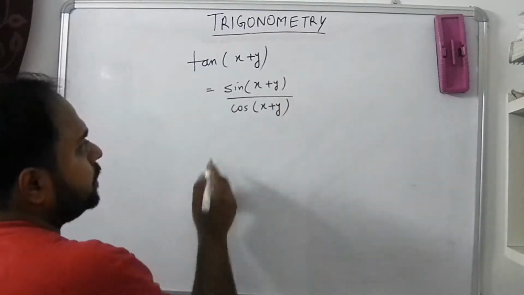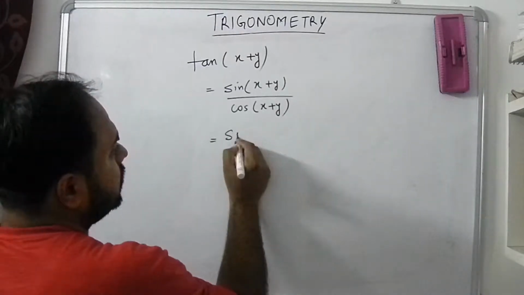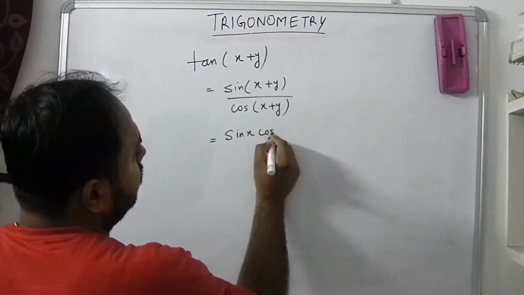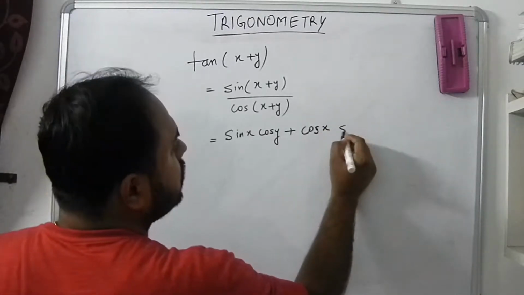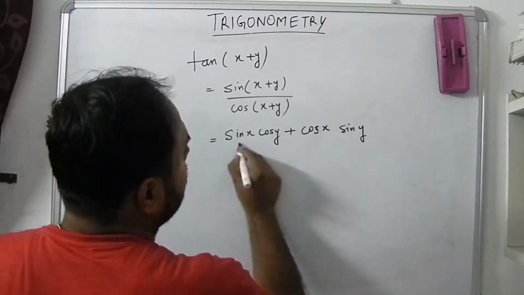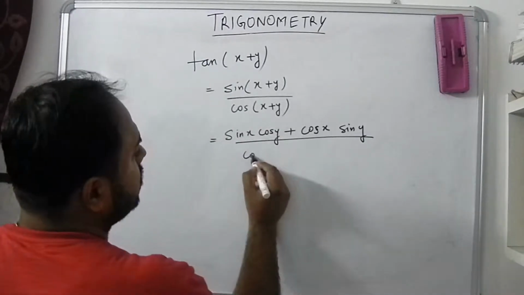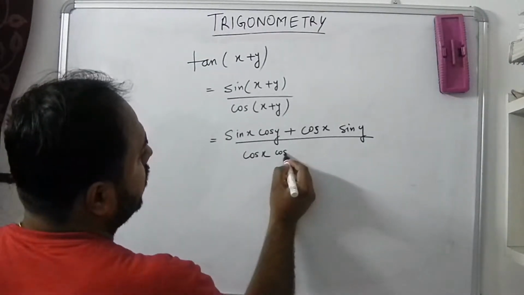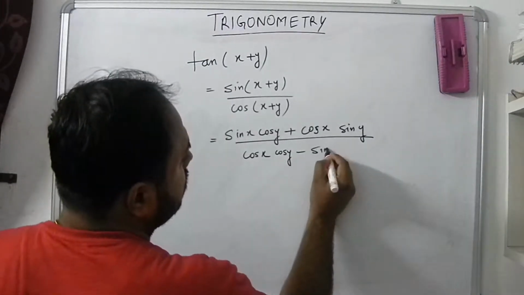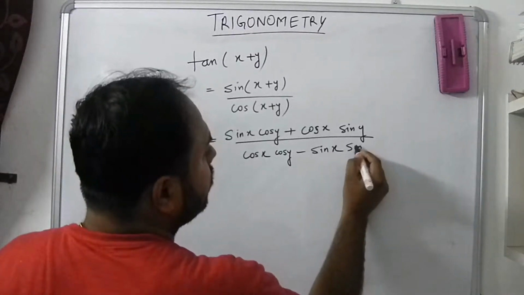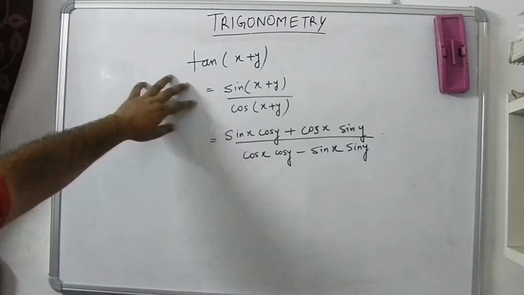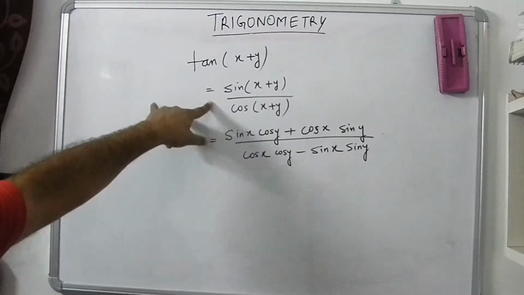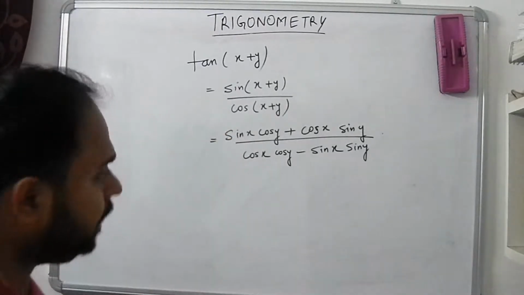Now we have the expansion for sine of x plus y is sin x cos y plus cos x sin y. And here it is cos x cos y minus sin x sin y. So that's the only option available to us. Write it as a ratio of sin and cos, expand sin and cos, because these are the formulas that we are well aware of.